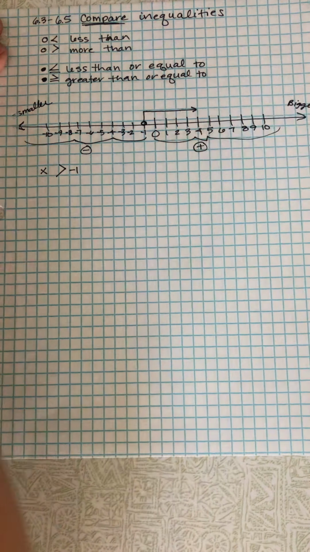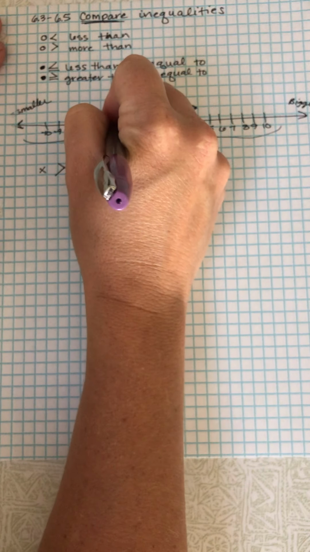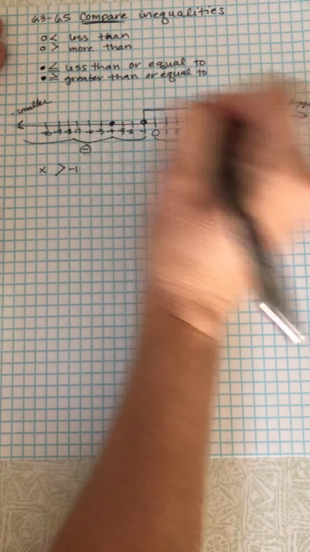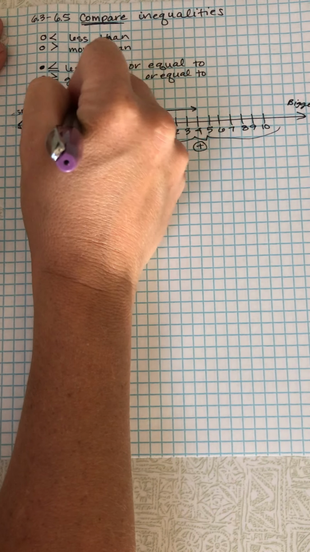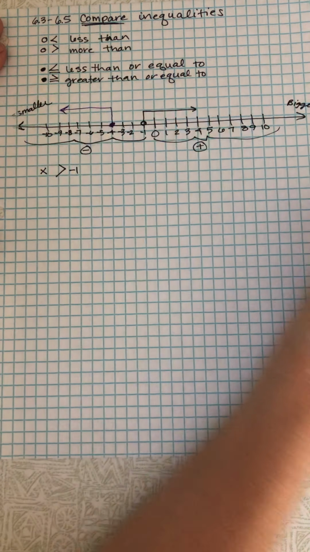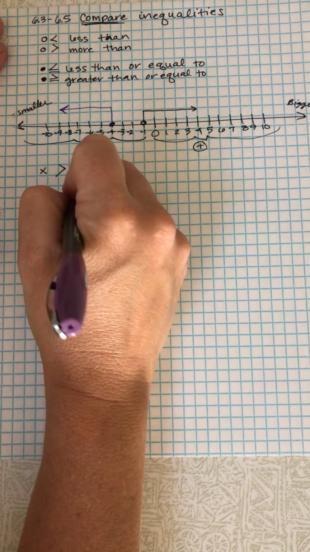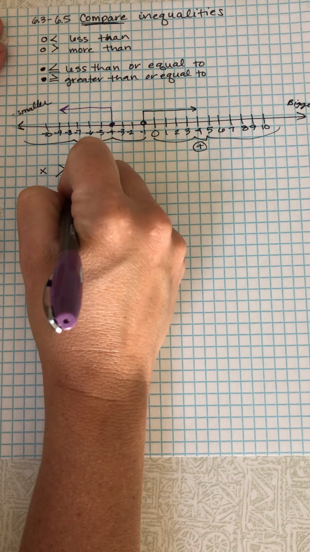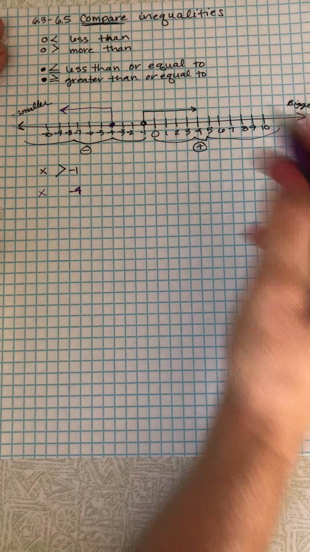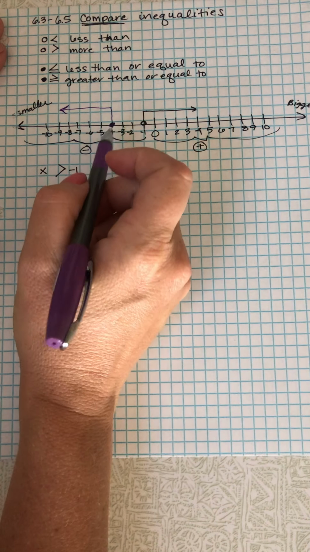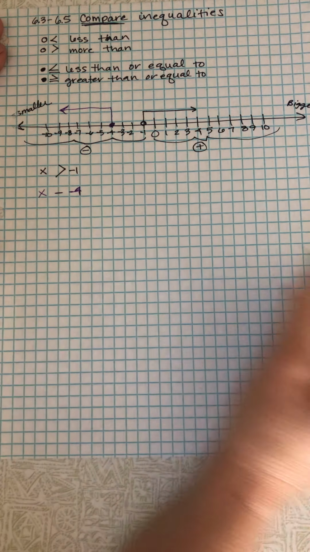If I use that same number line but change colors, let's say I have a filled in circle on -4, and this time I'll point the opposite direction. Now I have x and I have -4, and I need to determine my inequality sign. It's filled in, so that means that it's going to have an equal to on the bottom, right?